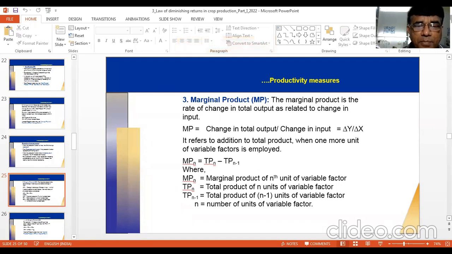MPn is the marginal product of the nth unit of variable factor, TPn is the total product of n units of variable factor, and TPn-1 is the total product of n minus 1 units of variable factor. n is the number of units of variable factor. It's a very simple thing; if you are not able to understand here, you will understand it subsequently.